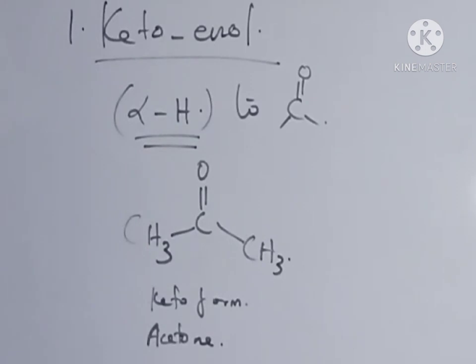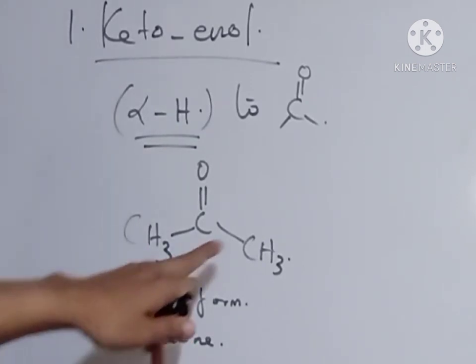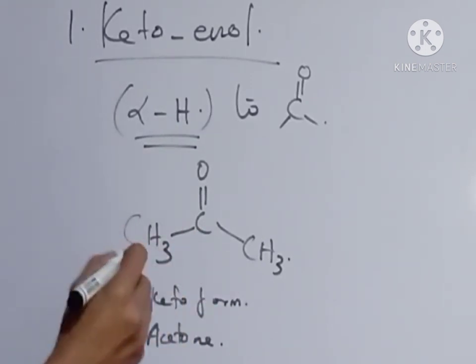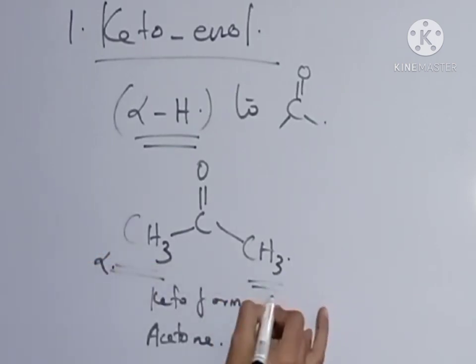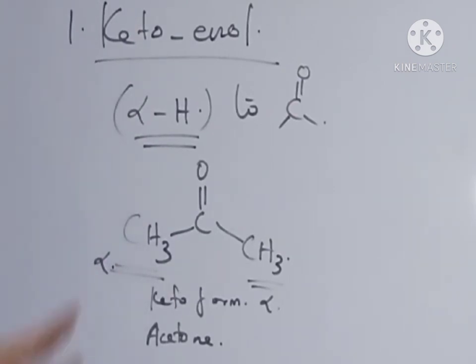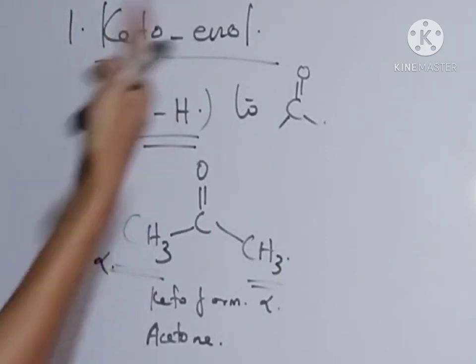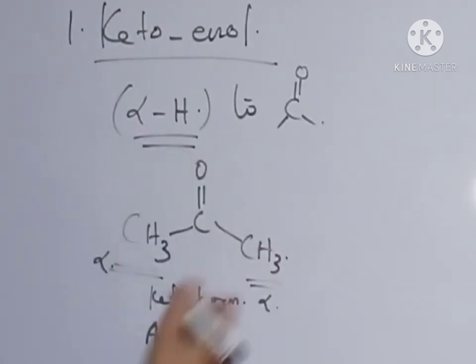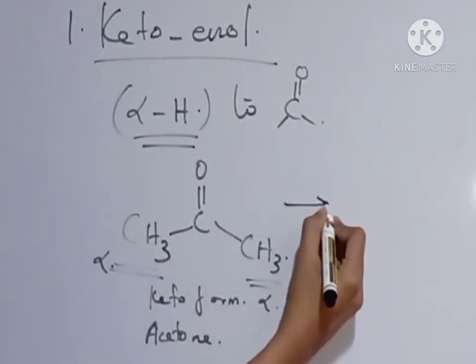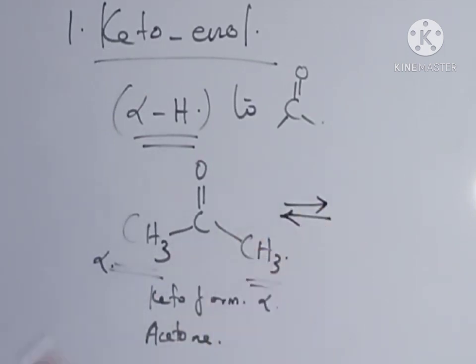If you look at acetone, we can see two alpha positions. This is one of the alpha positions and this is the second one. Two alpha positions are there, but we require only one alpha position to show how this keto-enol tautomerism works. Then we represent tautomers by placing double arrows in between them.